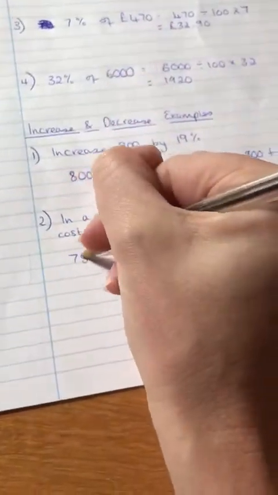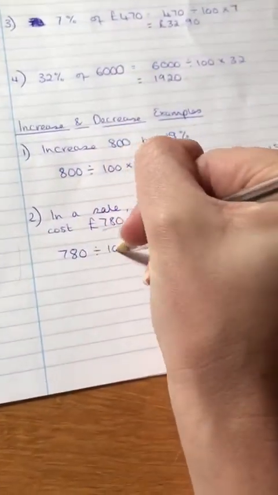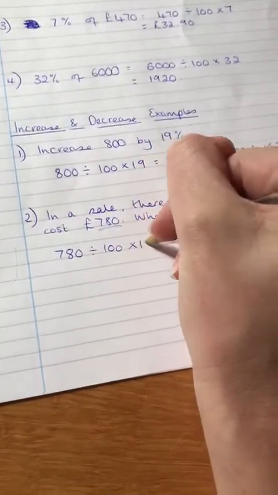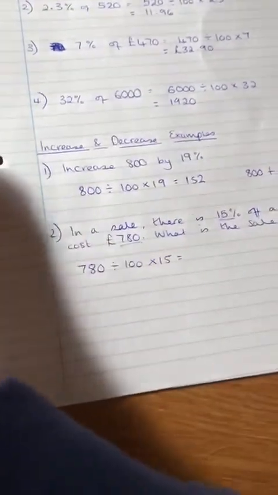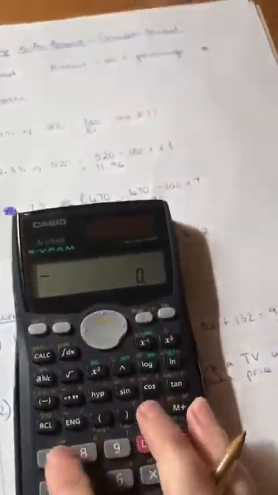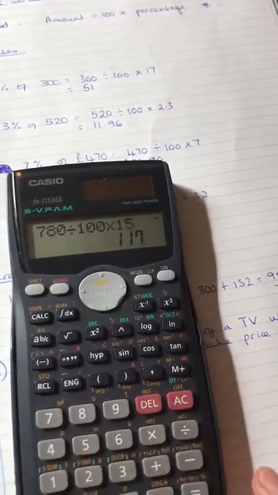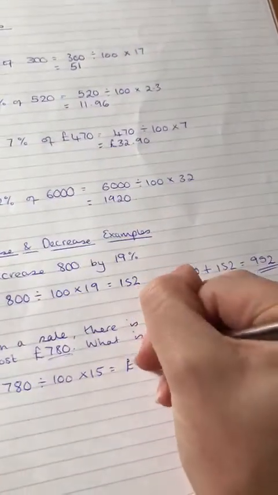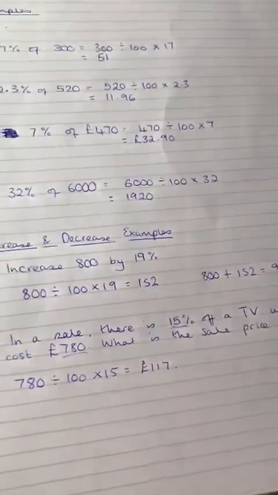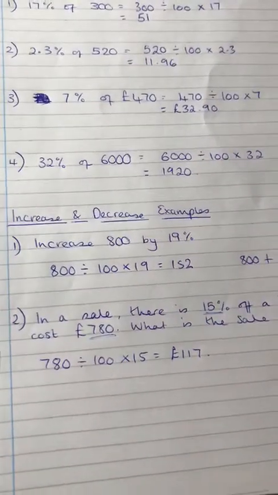So we do 780, divide by 100, and times by 15. 780 divided by 100 times by 15. So that's £117. So that's how much is going to be coming off the TV.